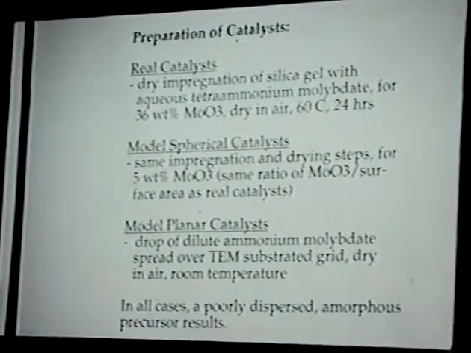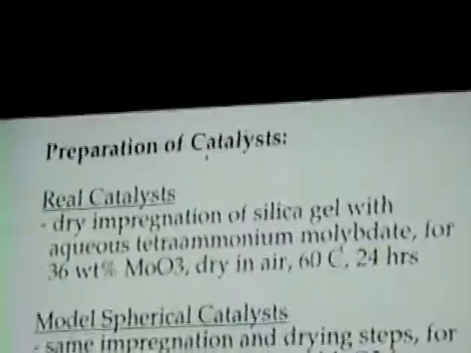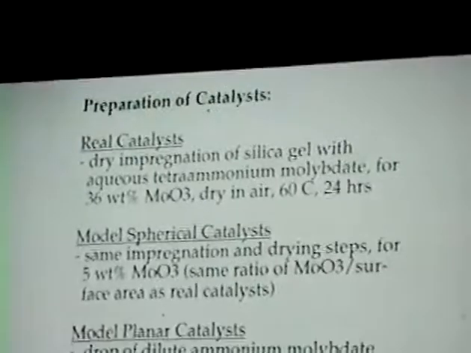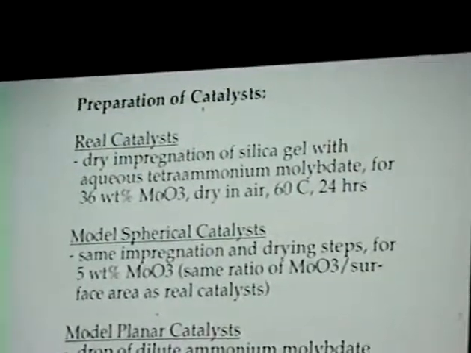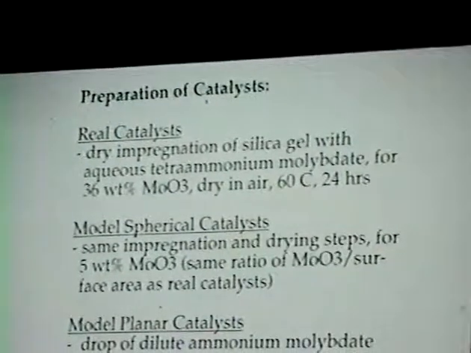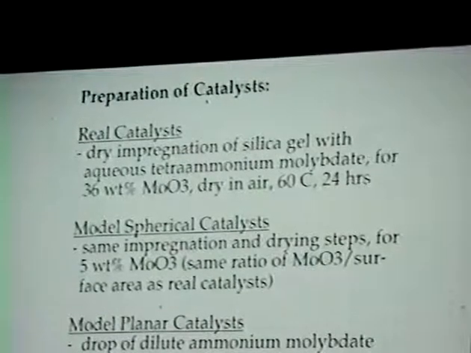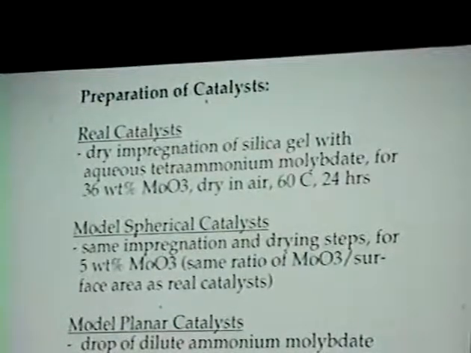derived. First of all, I mentioned that I'm talking about here relatively high-loaded catalysts. We wanted to be able to look at these things with X-ray diffraction as well as electron microscopy, and so we wanted to put a lot of material there. The breakthrough concentration between a monolayer type catalyst and a bulk molybdenum trioxide type catalyst is typically thought to be about 1 atom per square nanometer.